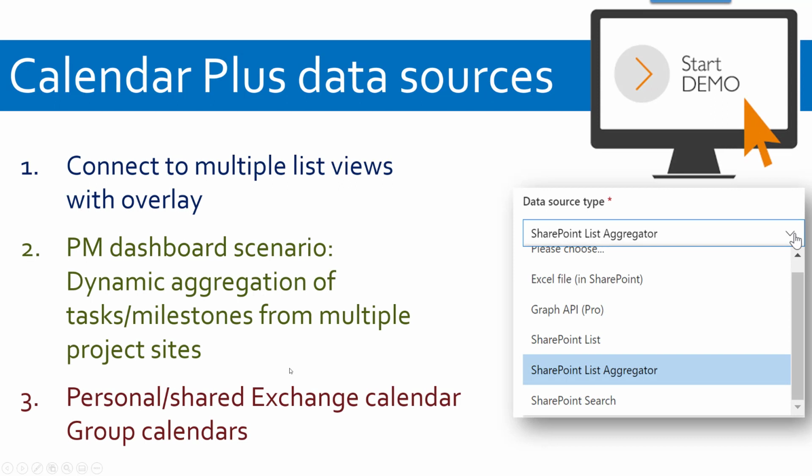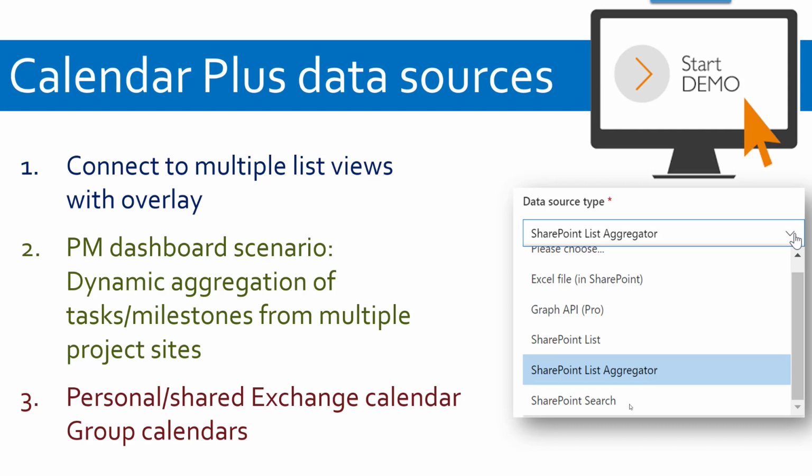Okay, so the last example is for the Graph API data source. Sorry, one thing I want to mention before. I showed you just now the SharePoint list aggregator data source, which allows you to aggregate events from many sites and subsites. There's also the SharePoint search data source.